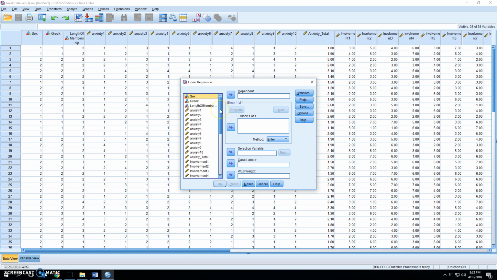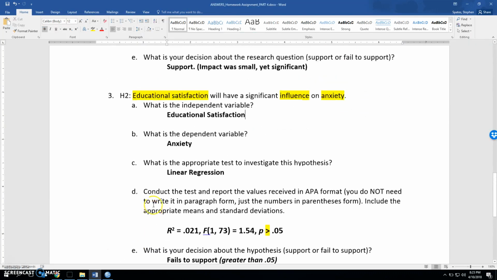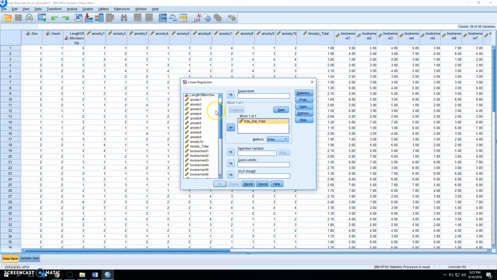Once again, we're going to look at educational satisfaction, and we're going to look at anxiety. Okay, we're ready to run. There's nothing else to choose. Let's hit OK.